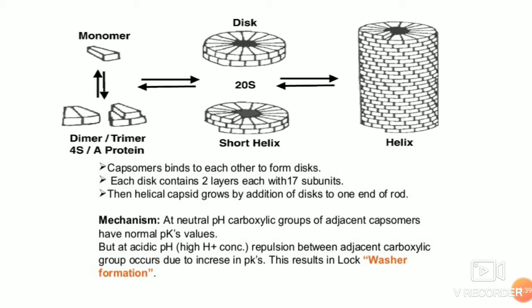Elongation in the 5' direction occurs by an inside out mechanism. In the 5' end, the RNA is pulled up through the central hole of the helix.